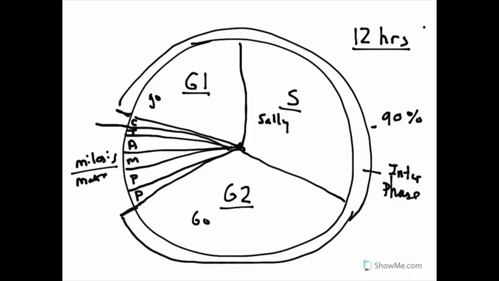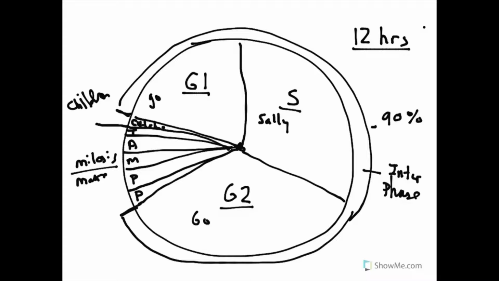Cytokinesis, children. Go, Sally, go, make children. This is cytokinesis. I thought I could write that in there, so that's definitely not going to work very well for me. So what's about that cytokinesis? Go, Sally, go, make children.